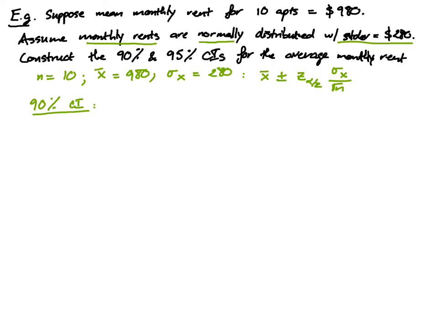If we apply that formula to calculate a 90% confidence interval, we're going to have 980 plus minus 1.645, right, times 280 divided by the square root of 10.